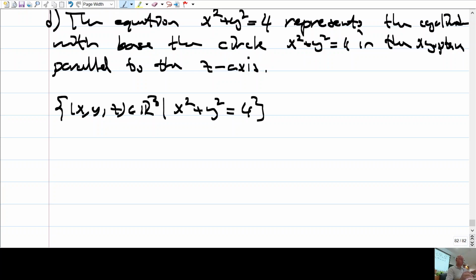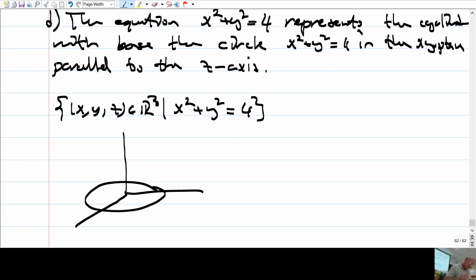If z is 0, then this is just a circle in the xy plane, right? It is just this circle. This point is 2, this point is 2. But then z can be anything.